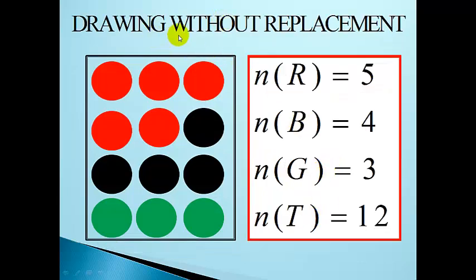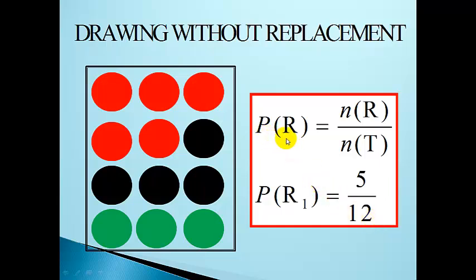Now let's look at drawing without replacement. With this one, when we take a ball, we don't put it back and we take the second one. The number of red balls is 5. The number of black balls is 4. The number of green balls is 3. And the total is 12.